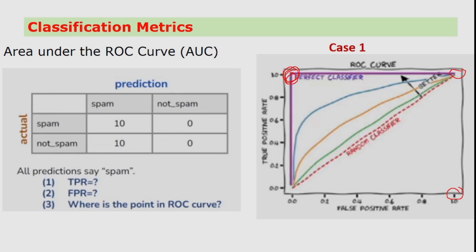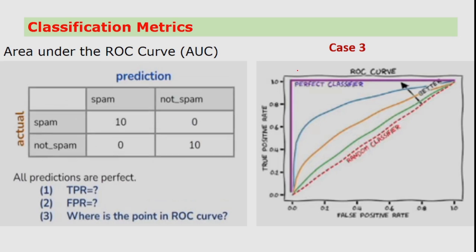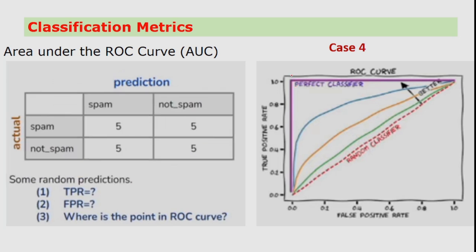I want you to calculate for case 1, case 2 and case 3. For this example, you can say it's the best area under the curve, you will get 1. Where you get 0, 1 here, you can say this is the best accuracy or best area under the curve. And I want you to try this case. If you try, you will get 0.5, 0.5. Thank you. We'll meet you in another video.